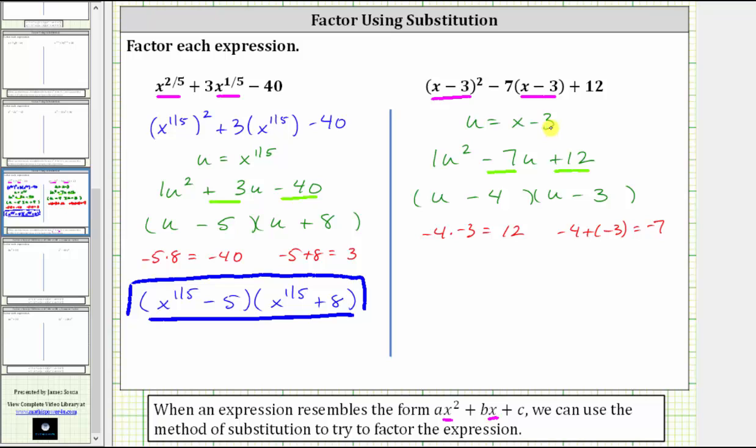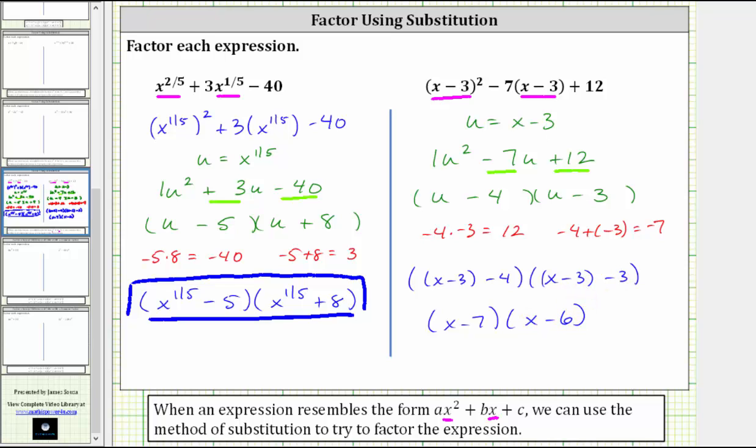Remember, u is equal to x minus 3, which means we can write the factor of u minus 4 as the quantity x minus 3 minus 4, and we can write u minus 3 as the quantity x minus 3 minus 3. But now we should simplify the two factors. X minus 3 minus 4 is equal to x minus 7, and x minus 3 minus 3 is equal to x minus 6.